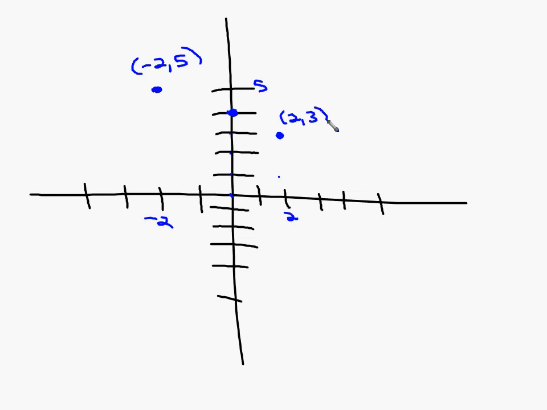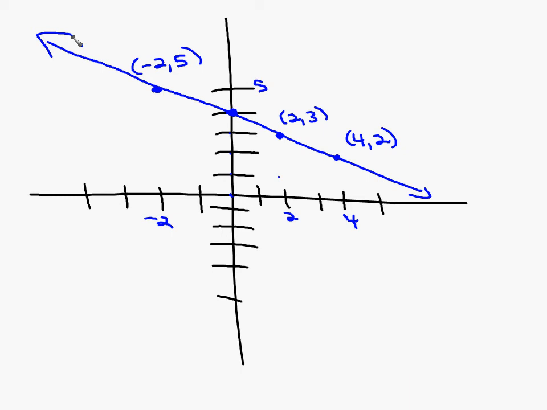And the last one was at 4, 2. So here's 4, and here's the point 4, 2. And if you do this correctly, when you connect the dots, it should be a straight line.